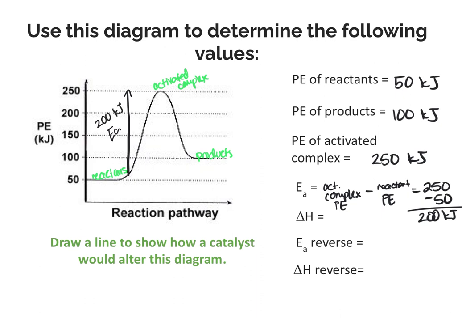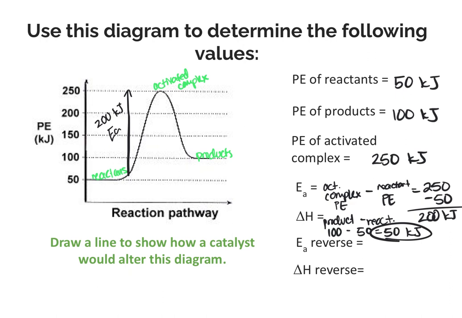The delta H then is the difference between products minus the reactants, which in this case is 100 minus 50, which is 50 kilojoules. This is a positive value. So that means this in the forward is going to be endothermic, okay? So it's going to be endothermic.